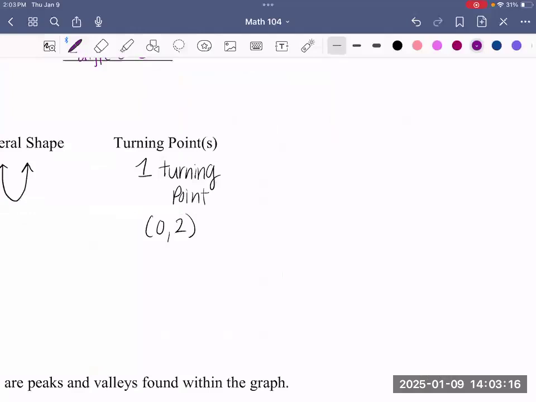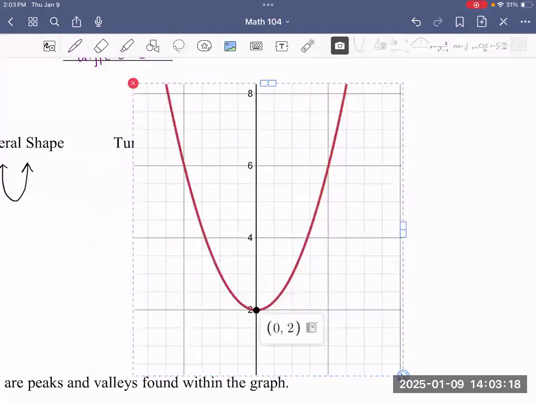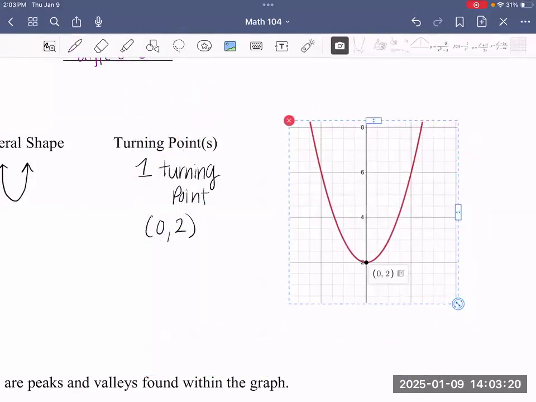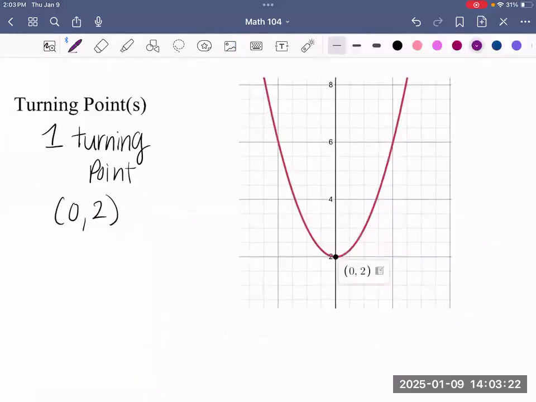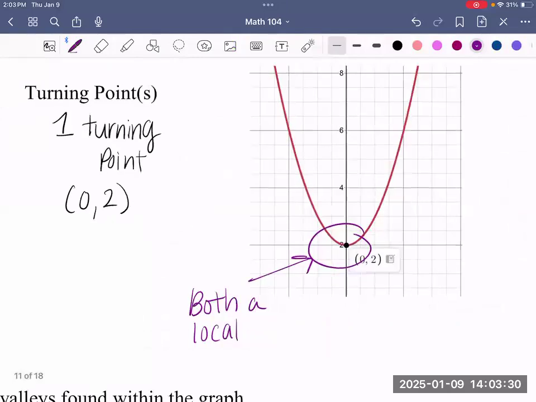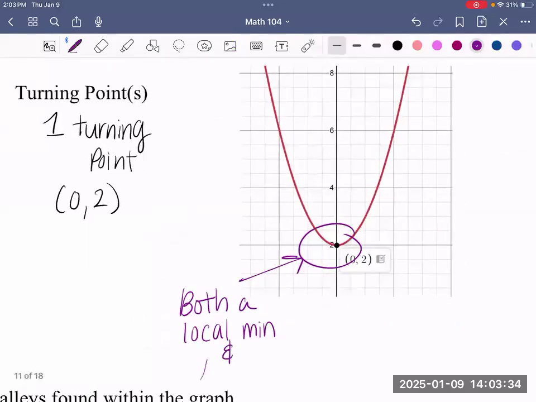And if I put it on here, there it goes. So ours can be classified as both a local or relative, I like to use the word local minimum, and an absolute minimum. It all depends on the shape of your graph.